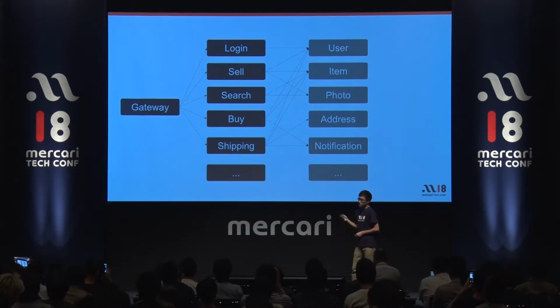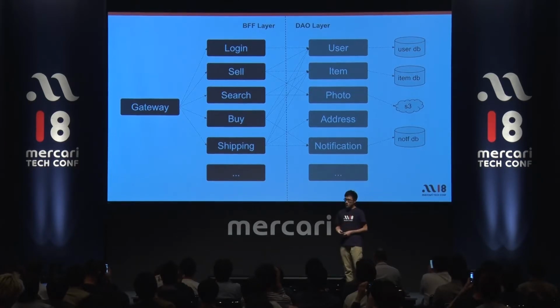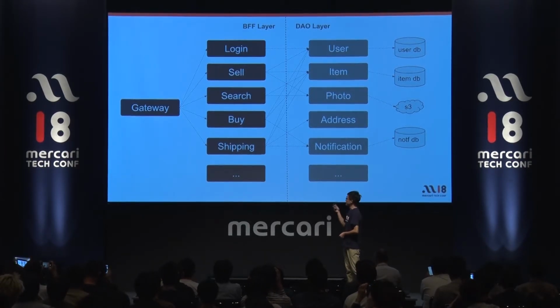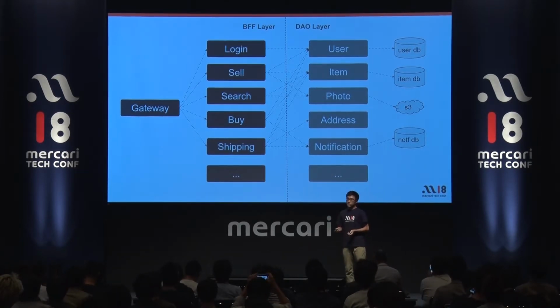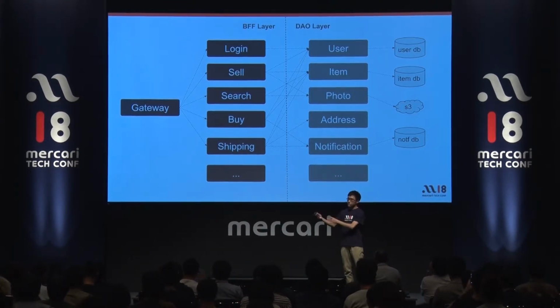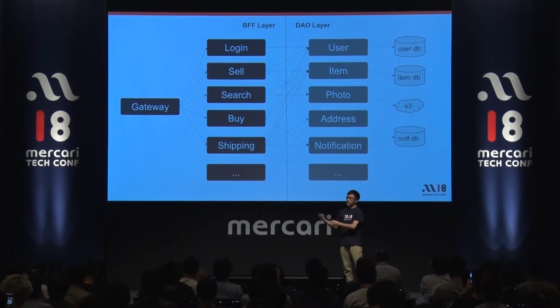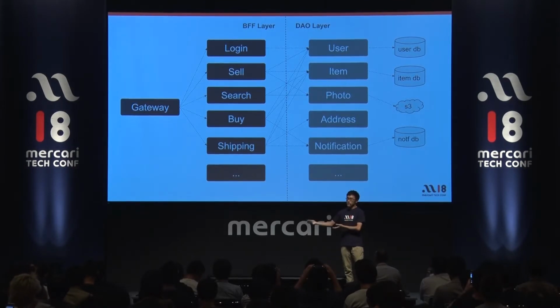By doing this, we're splitting the system into two layers. The first is the user-facing layer, and we call it the BFF layer. BFF is short for backend for front-end because it's user-facing, providing a direct user interface to our clients.